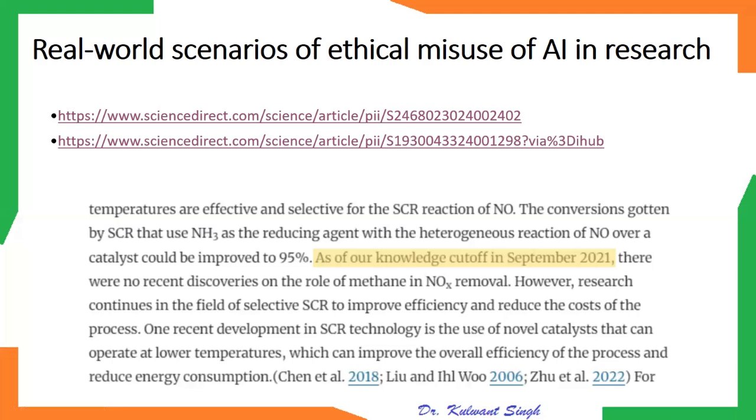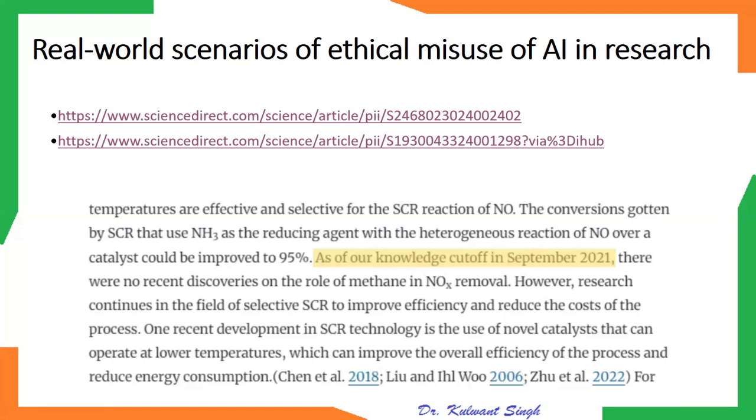But the author did not review the information generated by ChatGPT. He or she just copied and pasted. If the person uses the source wisely, then he or she should delete this sentence and prepare the paragraph according to the information provided by the tool. But they just copied and pasted.